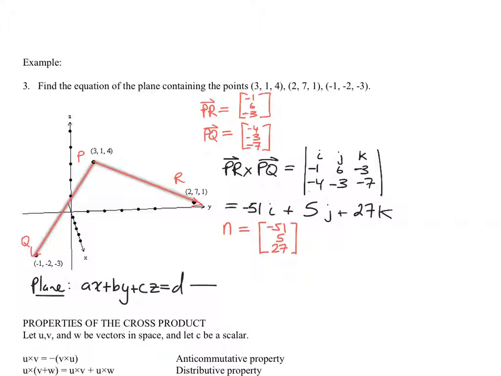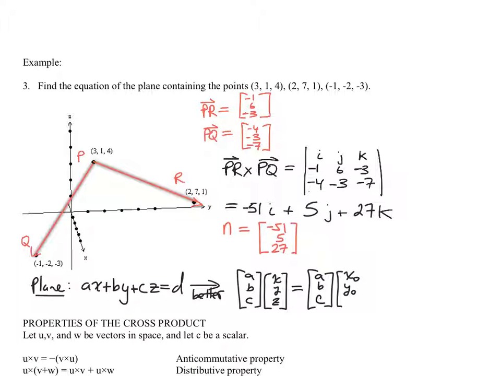So this is good, it's okay, but the better option would be to say the dot product of ABC and XYZ equal to the dot product of ABC and the relevant point along the plane, x sub o, y sub o, z sub o.